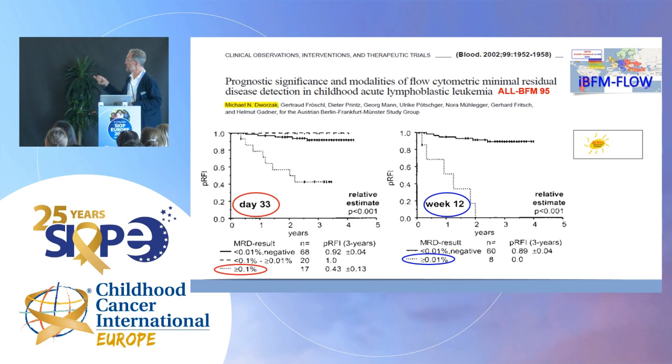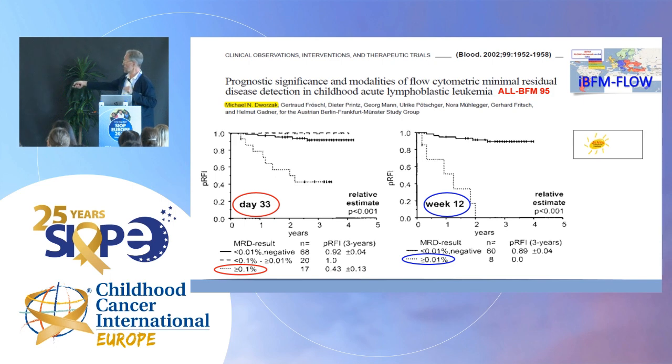So as you have seen, this is the 10 to the minus 5 level which we are touching. And then we already started to find out what levels of residual disease are prognostically relevant. This was already in the BFM 95 study, and this is only from the Austrian patients. We found, okay, at day 33, those who have higher levels than 0.1, and I showed you the sample before with sensitivity 0.003.